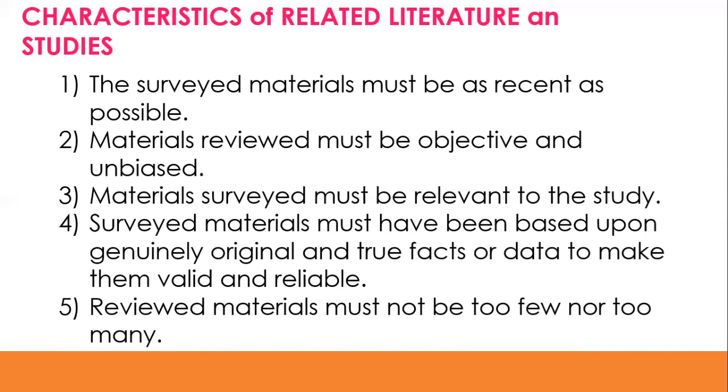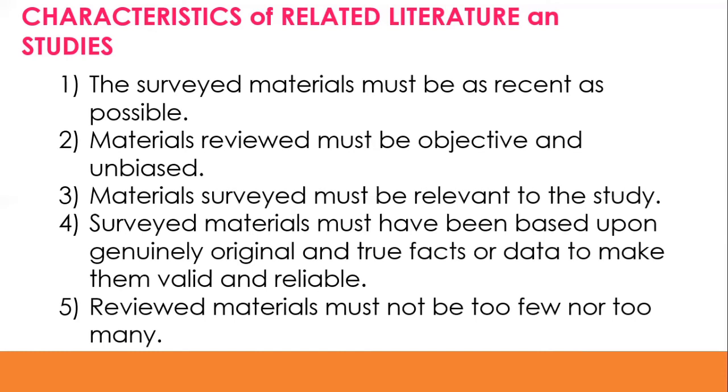Take note that the number may also depend upon the availability of related materials. Now, sometimes there is a paucity of such materials. So what are the requirements then for an undergraduate thesis, for a master's thesis, and for a doctorate thesis?